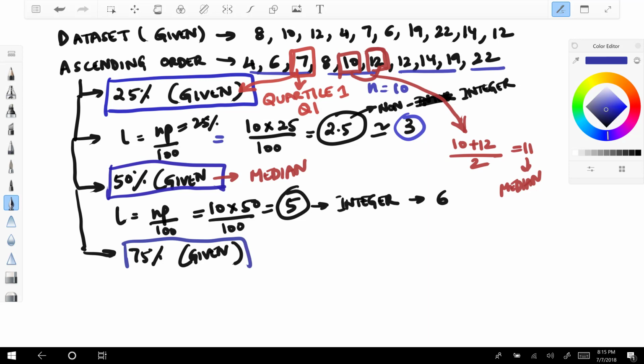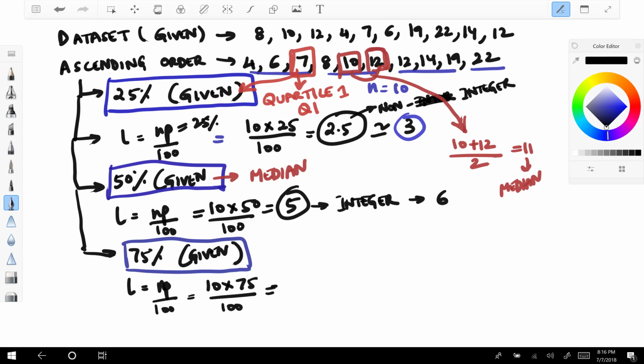We want to calculate the 75th percentile. So we do L is equal to NP divided by 100. So N is 10, P is 75 divided by 100.